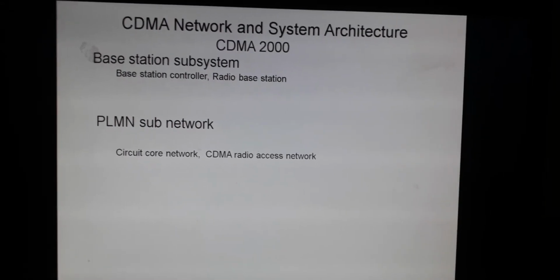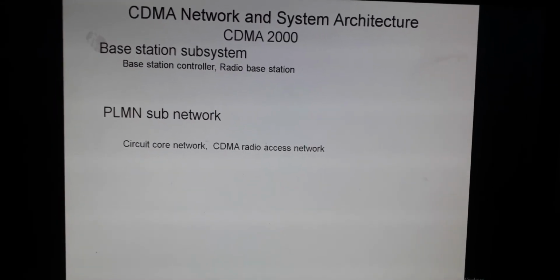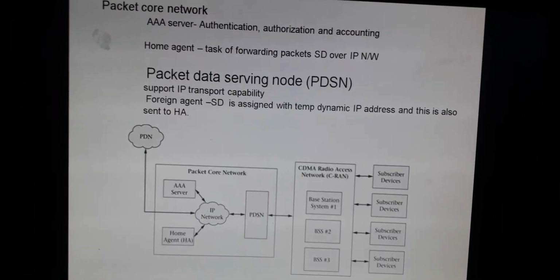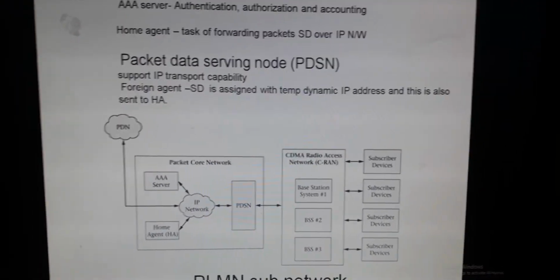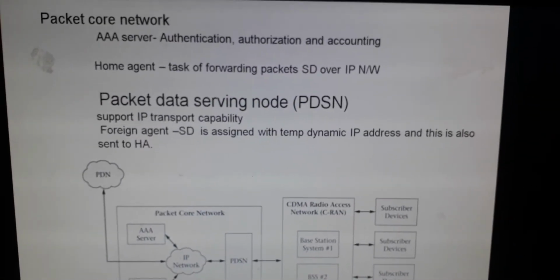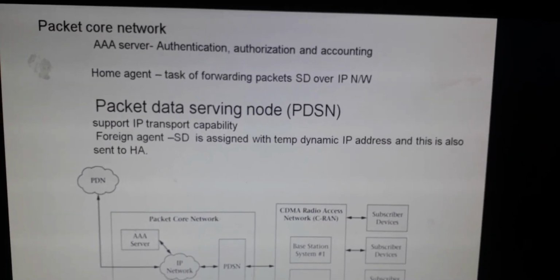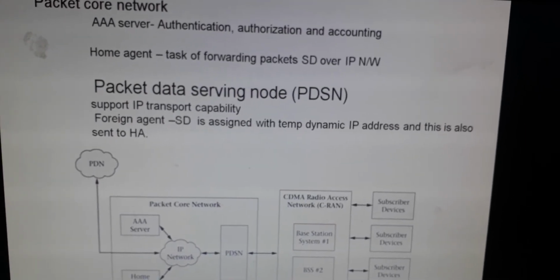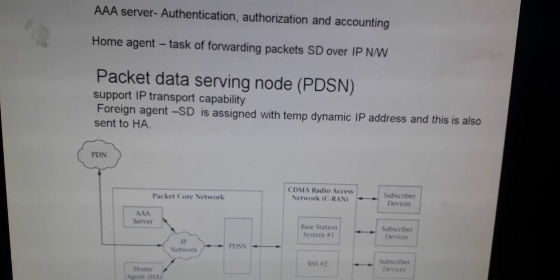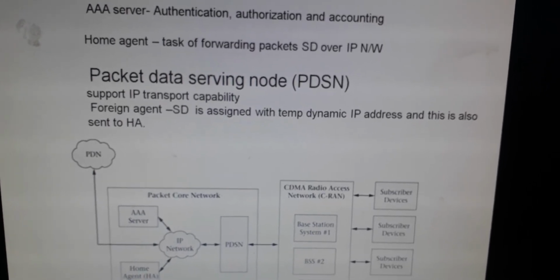The CDMA network and system architecture has a base station subsystem and subsystems. The packet core network has an authentication, authorization, accounting server, and there is a home agent. Its main task is to forward packets to the desired STs.